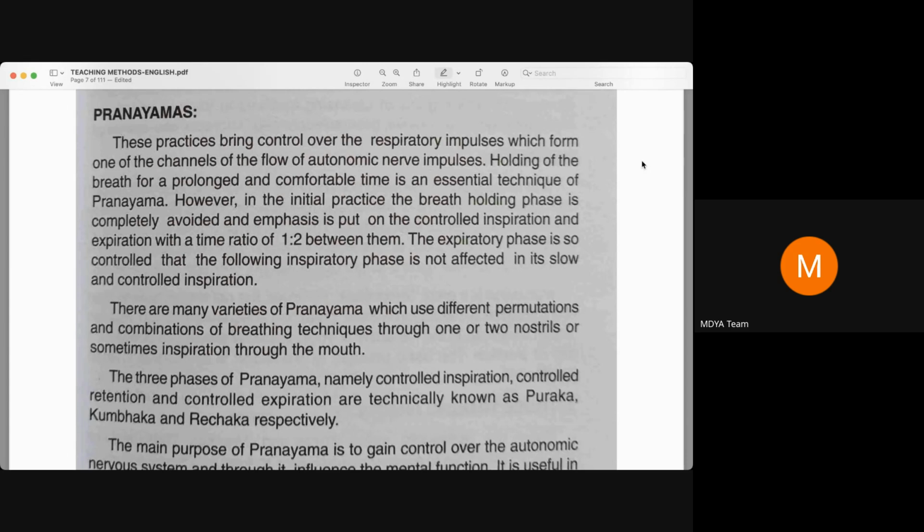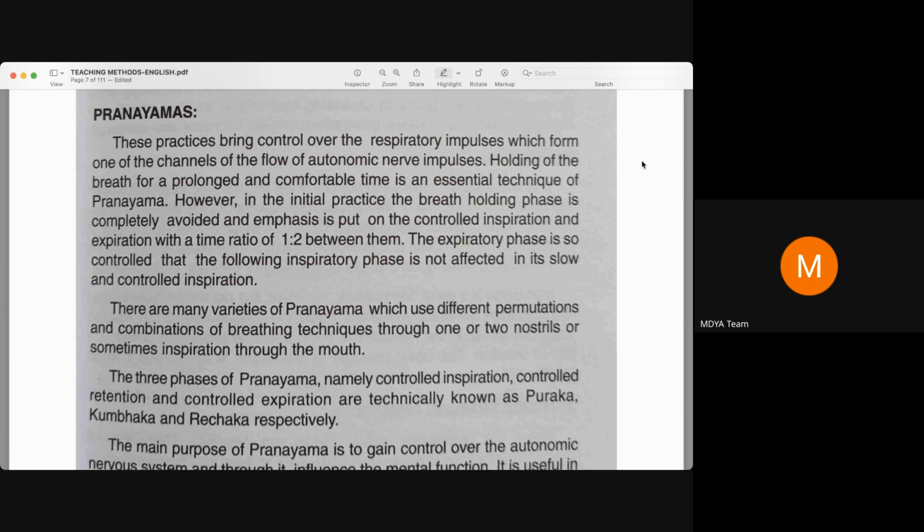If you increase your lung capacity by doing some breathing techniques, then only you will get the extension of that prana. So that's why this practice pranayama is done, and it is very useful practice.